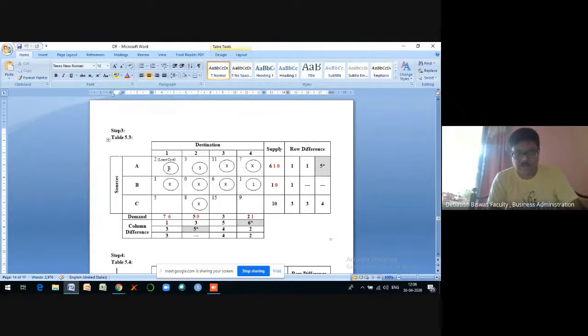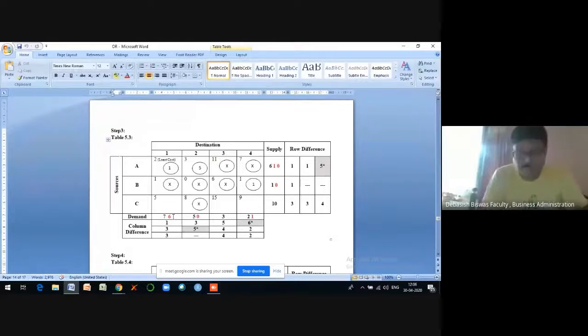So here the supply is 1, and the demand is 7. The maximum we can allocate is 1. So after allocating 1, now the supply is 0. And here the demand is 7 minus 1, that is 6.